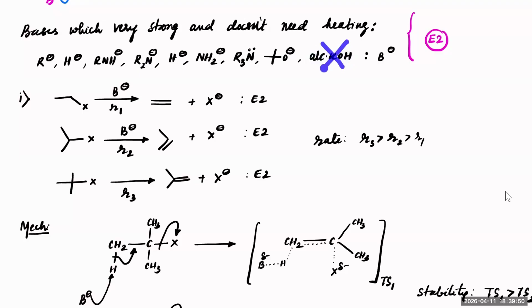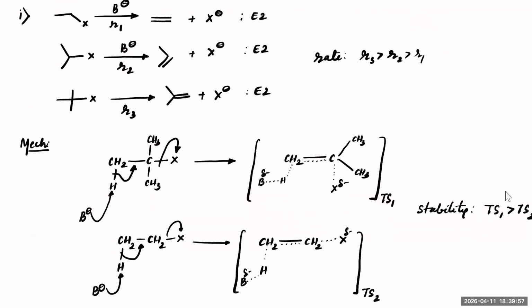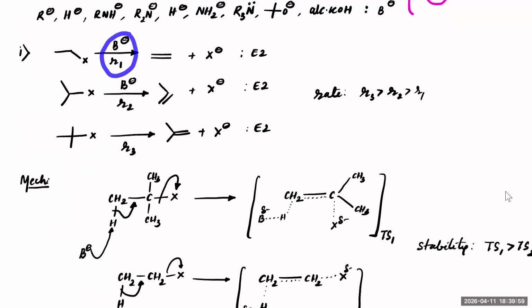But even if it is not mentioned, most of the time you will go for elimination only. So if you have these bases and you have it at a primary position, you will get an alkene plus X minus, and that will give you E2.